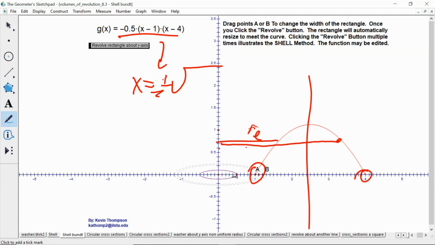I can do this method. It's possible. You're going to have to multiply this out, rearrange it, and then solve for x with the quadratic formula. It's a mess. So the suggestion then is maybe this is not the best method.